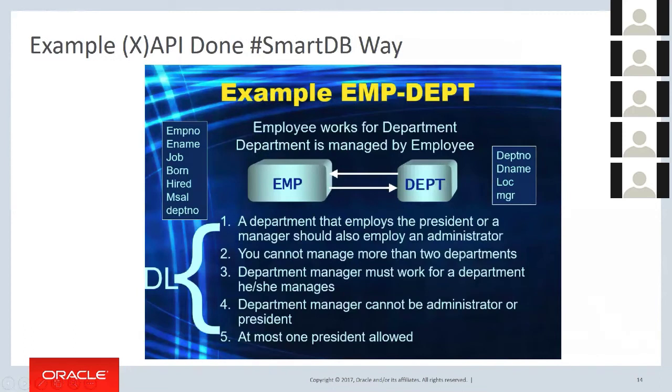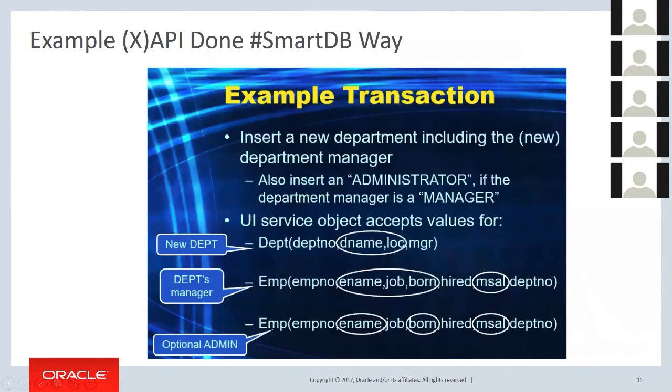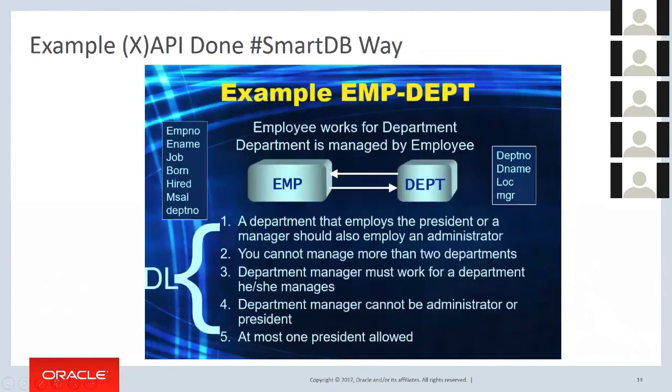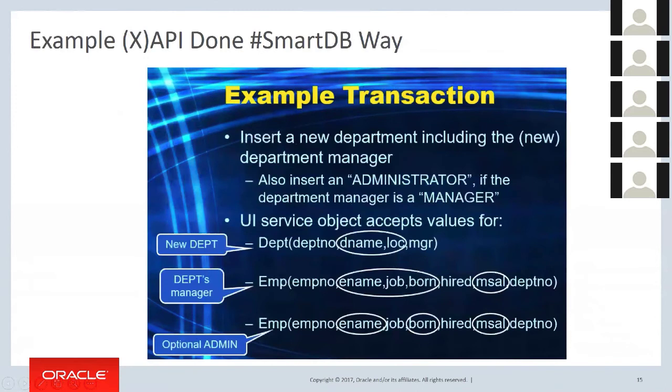If I insert the department, I also have to include the manager of this department. And if it's a manager, I'm going to assume it's not the president, also introduce an administrator in this department, because that was a business rule: the department that employs the president or a manager must also employ an administrator. So let that be a business rule.